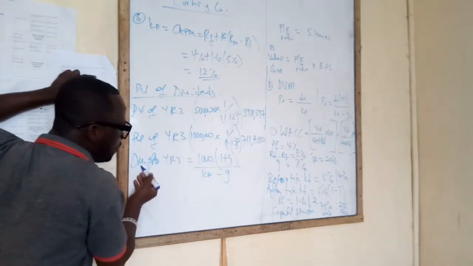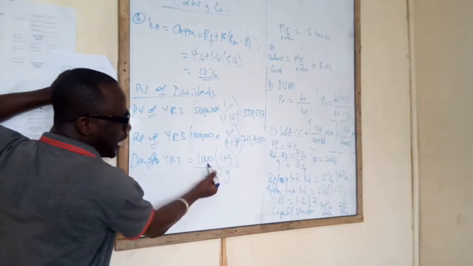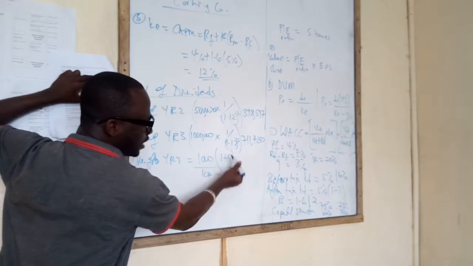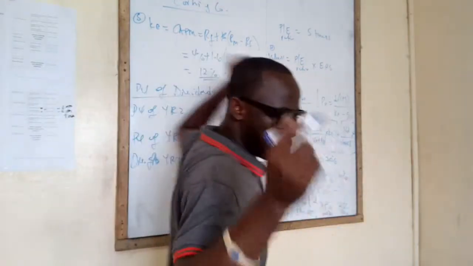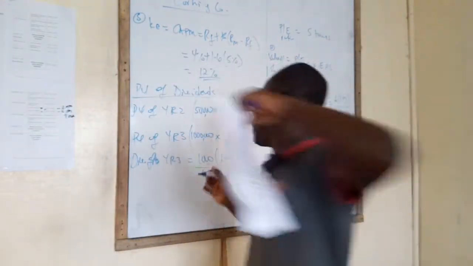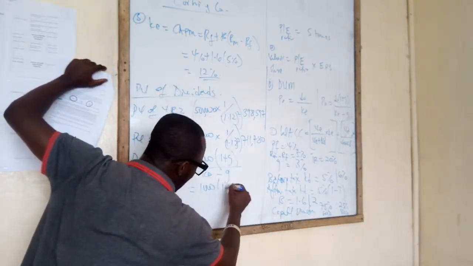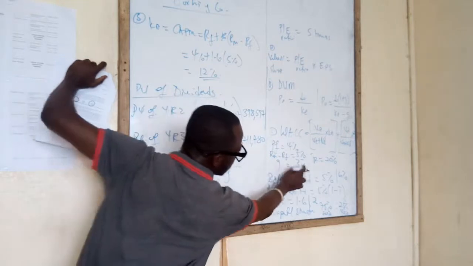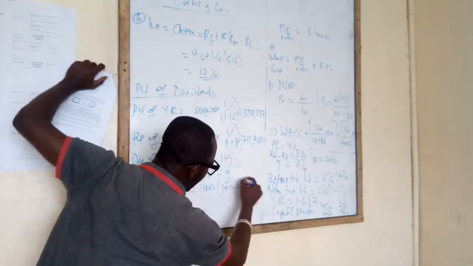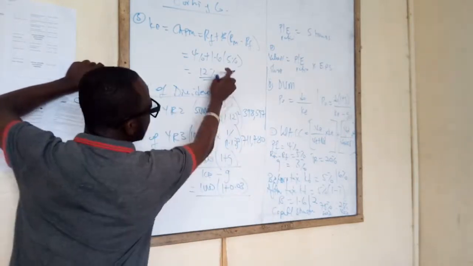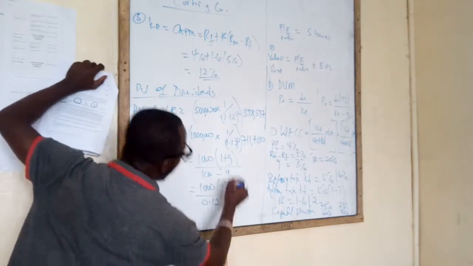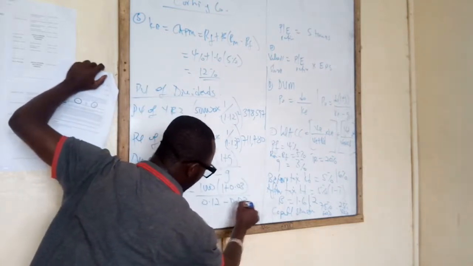Hence, it will become 1,000, 1 plus, what's the growth rate? 0.03, over Ke, 0.12 minus 0.03. What do we have?